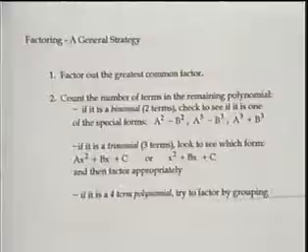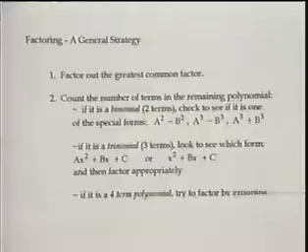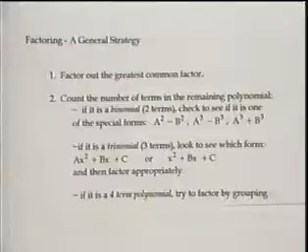If the polynomial remaining is a trinomial, or 3-term polynomial, you want to see if there's a lead coefficient. In other words, is there some number before the x squared or not? Then decide what method you're going to use to factor it. Finally, you could have a 4-term polynomial, and if that's the case, try to factor by grouping.